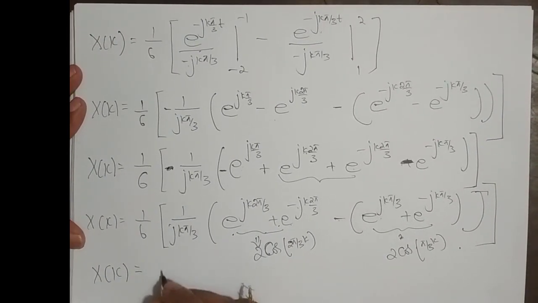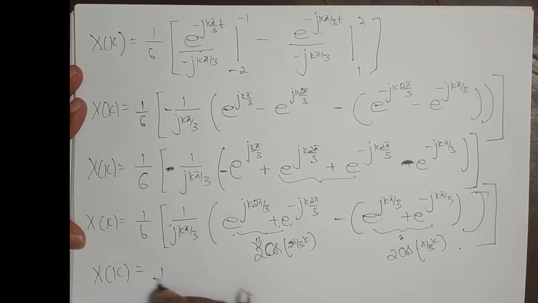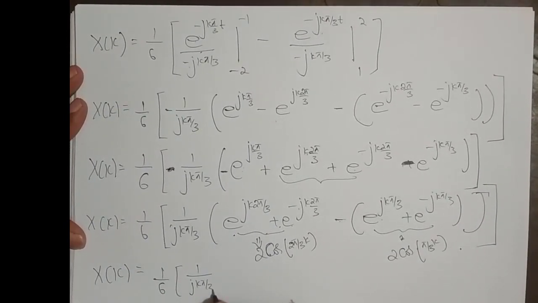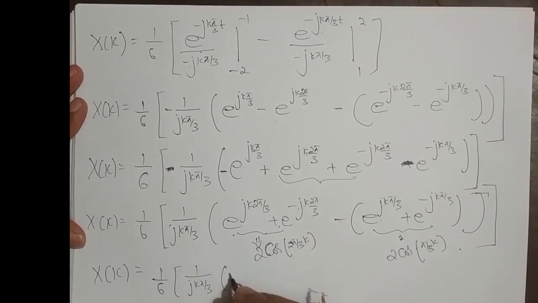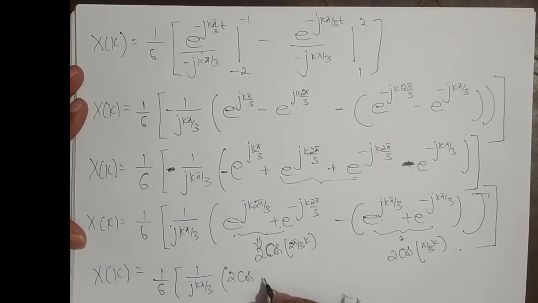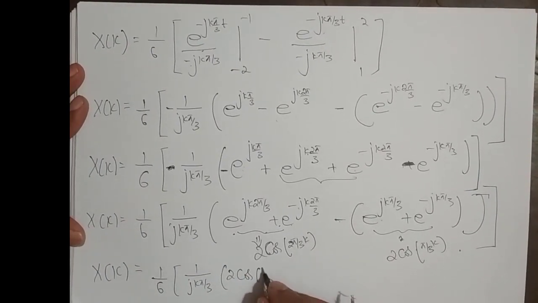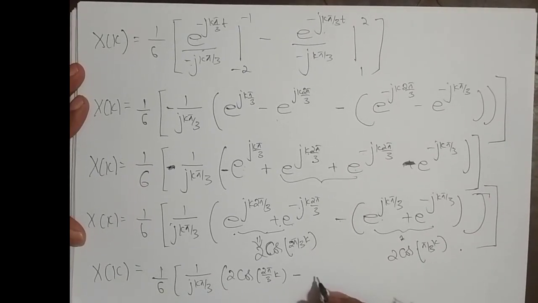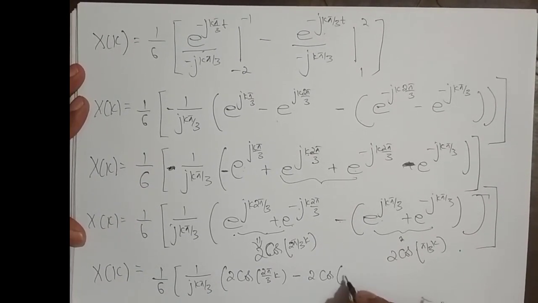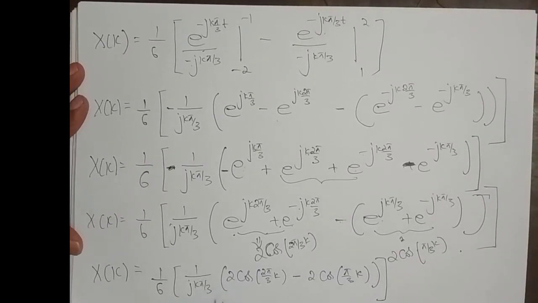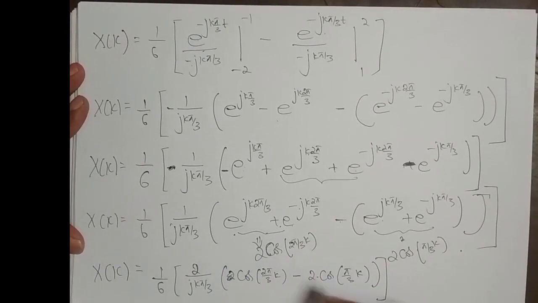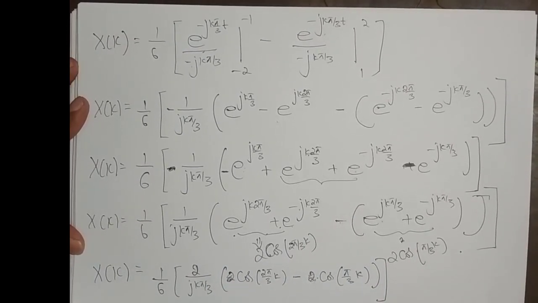Okay. Now I can write this as 1 by 6 into 1 divided by j k pi by 3 into, so 2 times cos of 2 pi by 3 times k minus 2 times cos of pi by 3 times k. Fine. So if I take these two here, this goes off, this goes off, right?